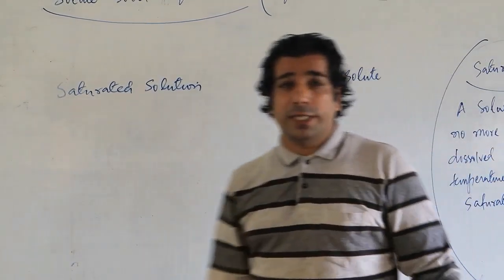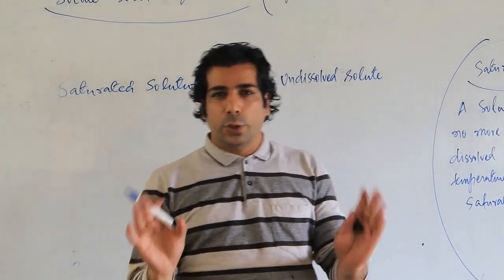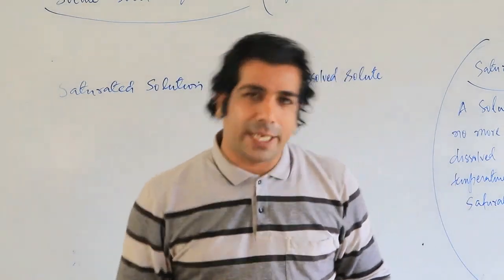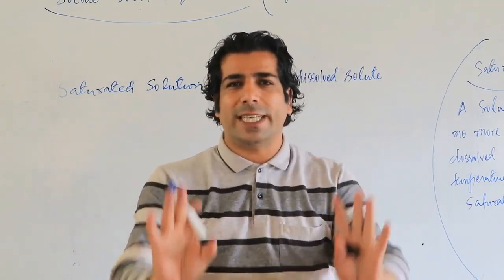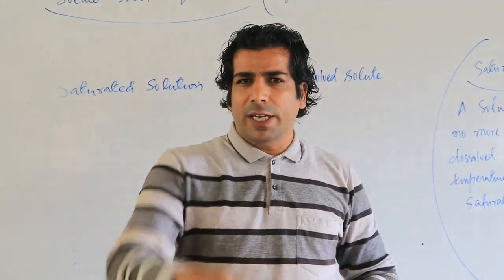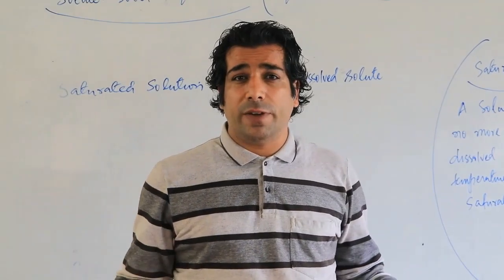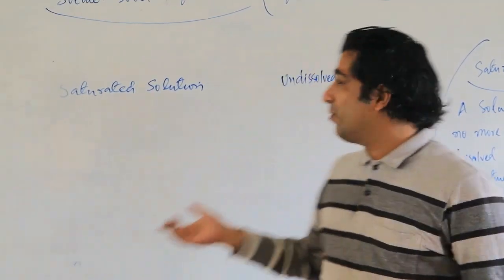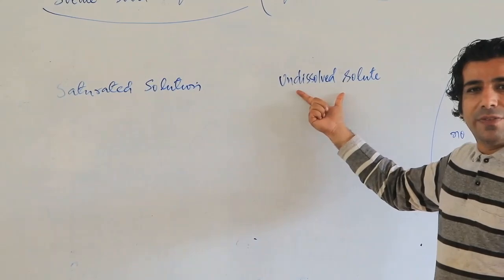Now you will be thinking, what is that? You got a solution of sugar, let us suppose, correct? And that sugar solution is saturated, correct? And if you add a little more sugar into it, will it dissolve or not? That sugar will not dissolve. That means that will be your undissolved solute, my dear friends.